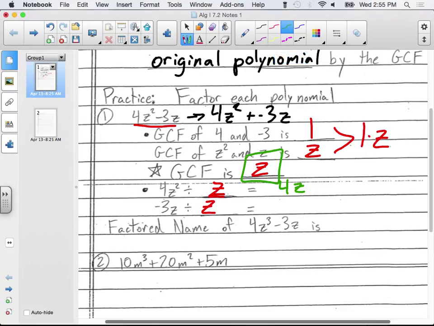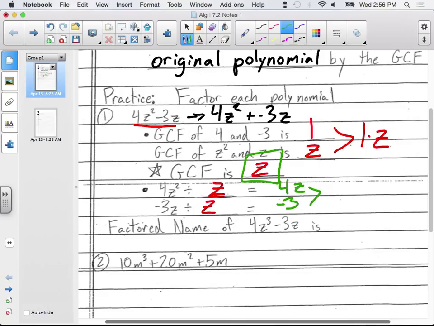When we have 4z squared, it's really 4 times z times z, and that's all over z. So what cancels out when we're dividing? One of the z's. Z upstairs and z downstairs, so all we're left with is 4z. So we got that one. Next one, negative 3z divided by z. Negative 3. So what we just did is we took out the greatest common factor of both terms from our polynomial.